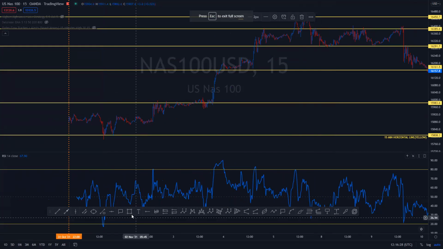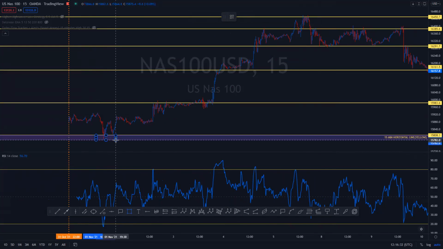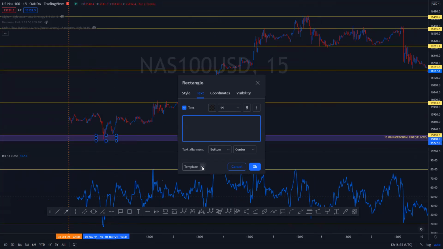Now what we're going to do is draw our zones under these horizontal lines. We're going to change this to yellow.